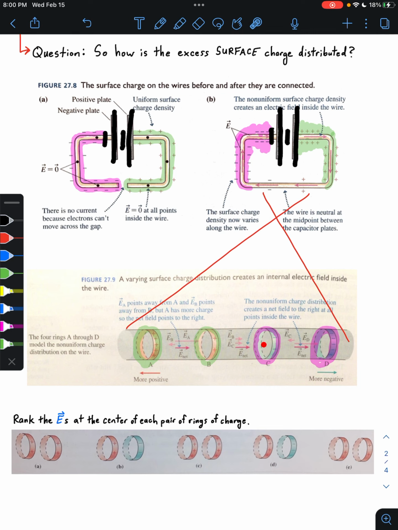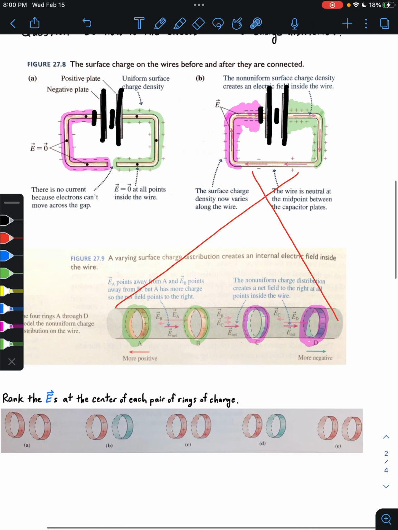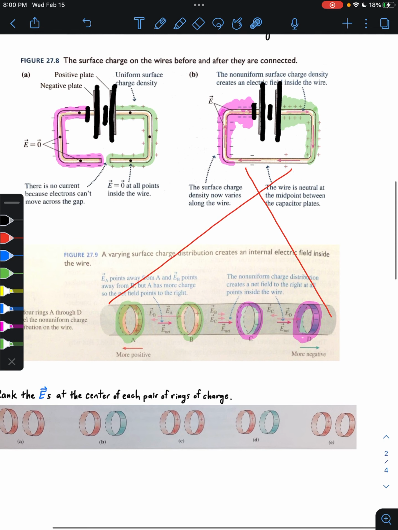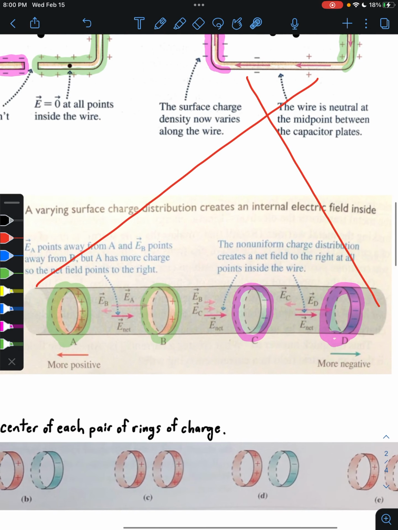Now, in between these two rings, both the positive ring and that negative ring are both going to generate fields pointing to the right. So they will sum up, making a net field to the right. And then over here, between these two negatively charged surface layer rings, at this point here, this ring produces a field to the left, but this ring produces a stronger field to the right, so the net field at this point can be to the right.